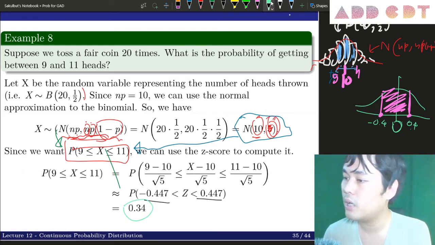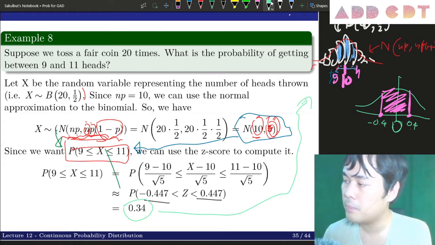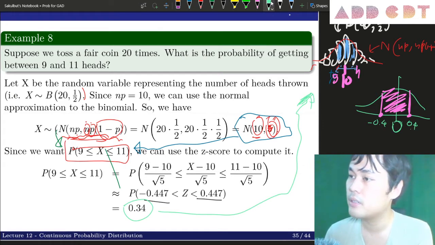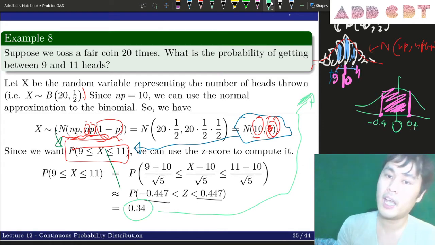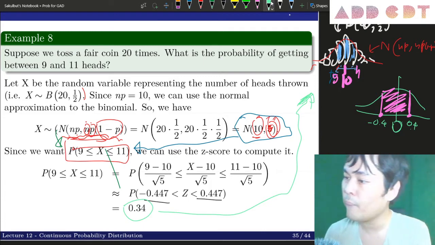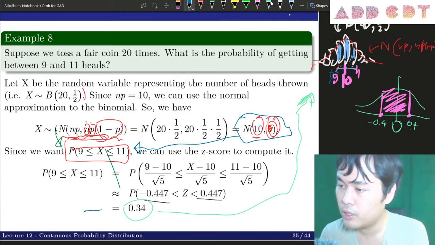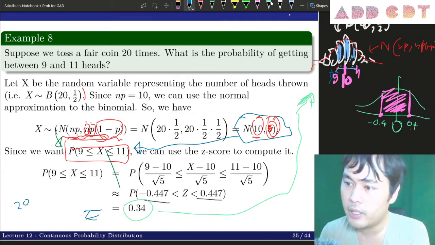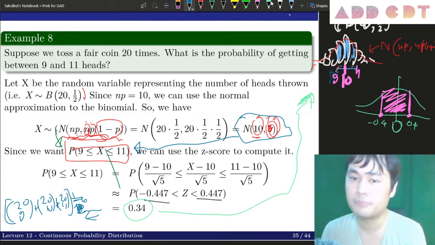So that means we also have about a 0.34 chance to get between 9 and 11 heads. And of course that is going to be really close to the actual computation that we have, the precise number.